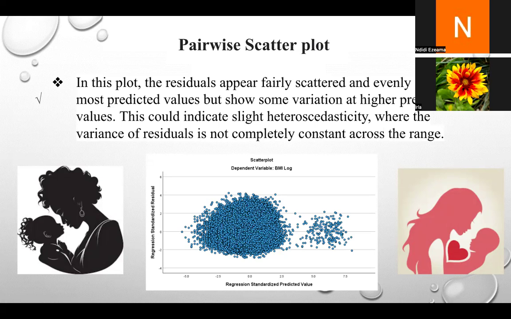Here we can see in the scatter plot for log BMI, on our Y we have our regression standardized residual, and on our X, we have the regression standardized predicted value.